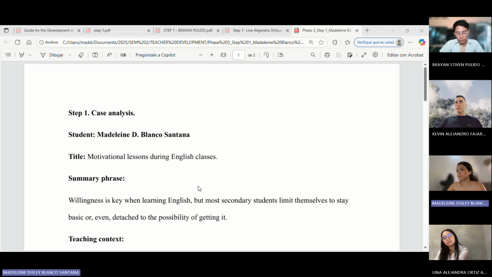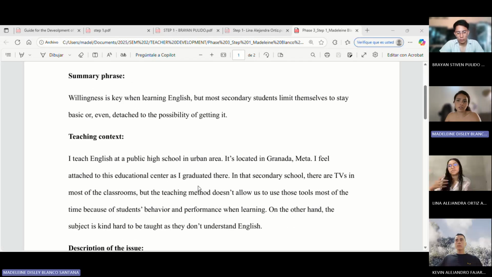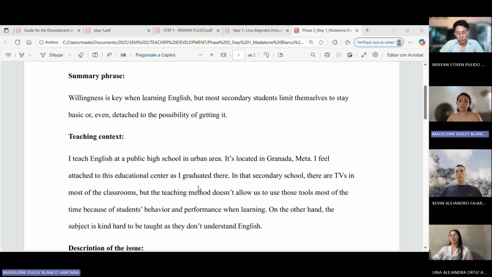Normally, in that school, all English teachers use the same method: they only focus on grammar, and that's all they teach. This is because of the students' behavior, which is really heavy during classes. They also don't feel attached to the topic, so they are unwilling to do what they have to.